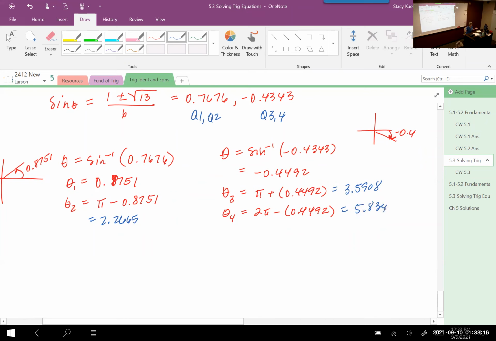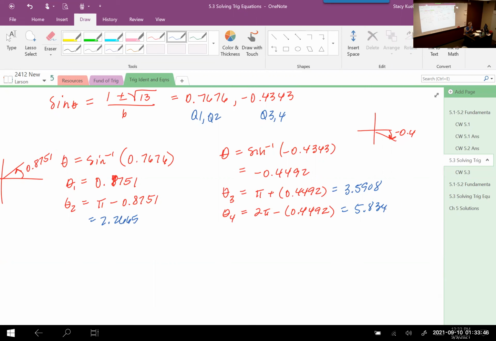And then what do I do if I want to know all the solutions? Add 2 pi n. Now, why am I adding 2 pi n? Because you go around a number of times. One period for sine is 2 pi n. What's the period for cosine? 2 pi n. What's the period for tangent?